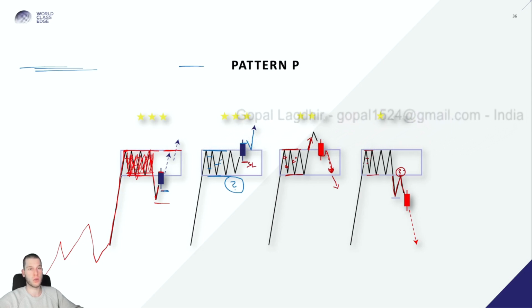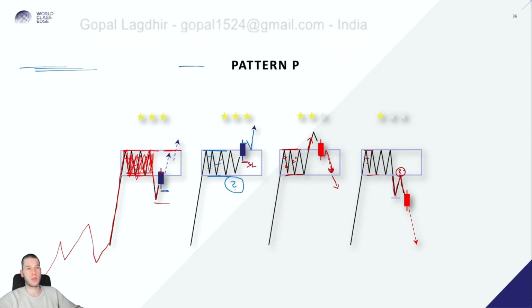Of course we could do that, but it's not the setup we prefer, and it's not the setup we want to teach. Our setup is that we then created a low, and if we bounce back from the resistance of the balanced box, we can enter with a close, or with the first candle that closes below the low of the fake out to the downside.